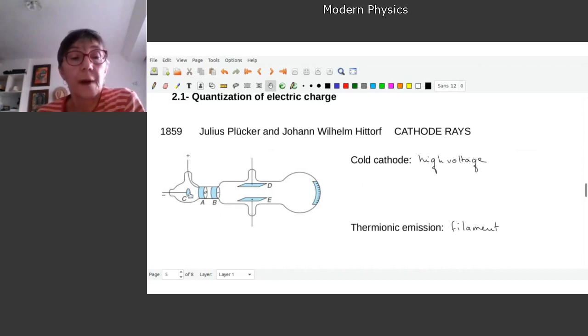Actually, what happened is that they managed to ionize some traces of gas which were in this evacuated recipient.